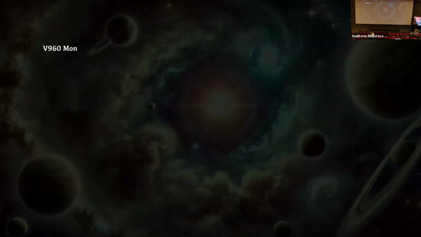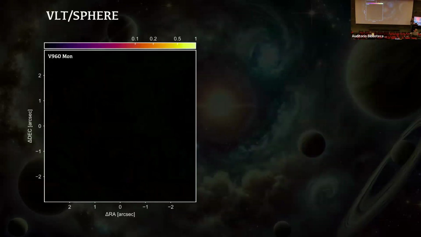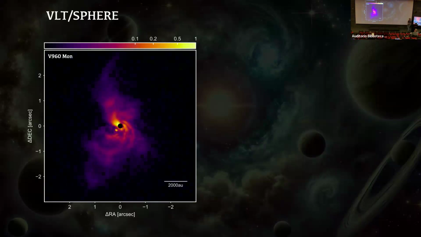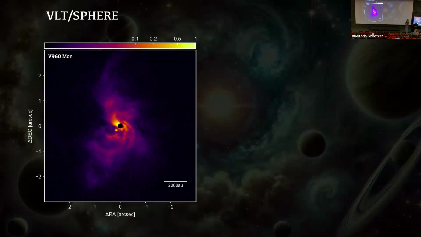And if we look at a sphere view, we've seen this a few times in this conference already, we see a really interesting environment. So first of all, I want to point out the scale that we see here. We can see that this image shows about 2000 AU around the primary, which is a huge environment.